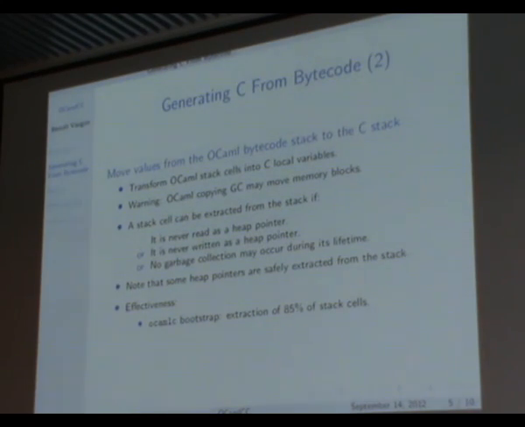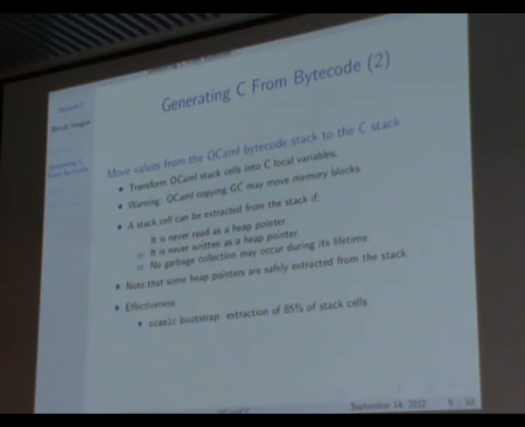So you can safely extract the whole function frame, the stack frame, from the bytecode stack. We have more complex examples when you manipulate a pointer but never dereference it. You just check whether it is a pointer or not. And in this case, you can extract it from the stack.